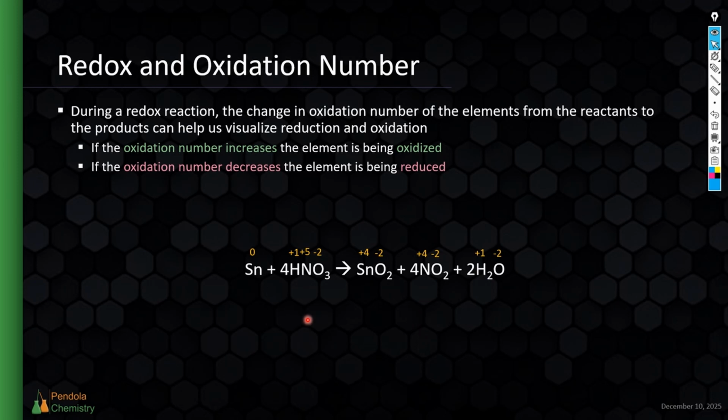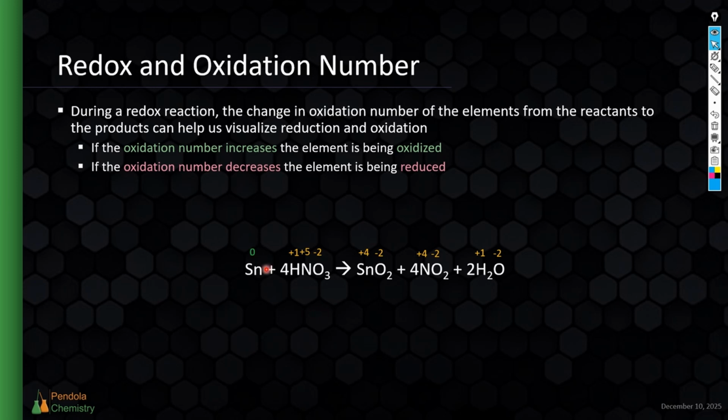If we look at these oxidation numbers, we can see that the hydrogen's oxidation number remains the same. Hydrogen is +1 in the reactants, +1 in the products. When we look at the oxygen, we also have the oxygen staying the same. Oxygen is -2 in the reactants, and it is -2 every time it appears in the products. So -2 here, -2 here, -2 here.